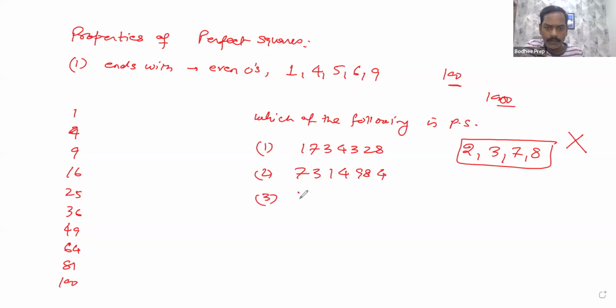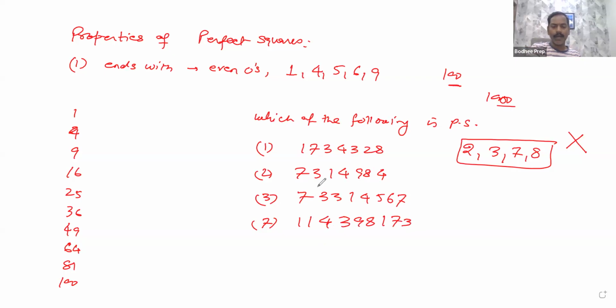The third one is 73314567. The fourth is 114398173. I'm not saying that I'm writing these meaningfully, but I can solve this question by elimination. These cannot be the unit digit. So from here, I can say that these three will surely not be perfect squares.